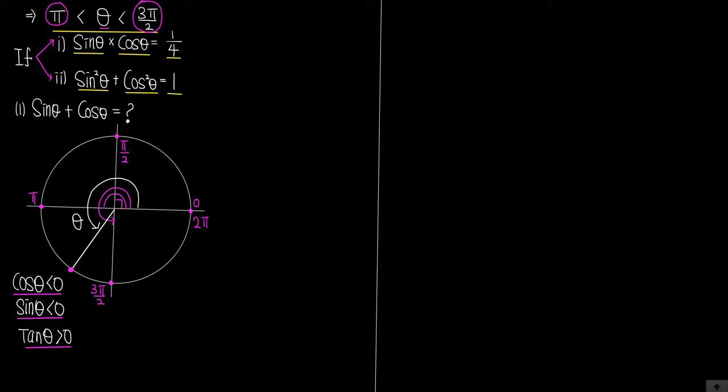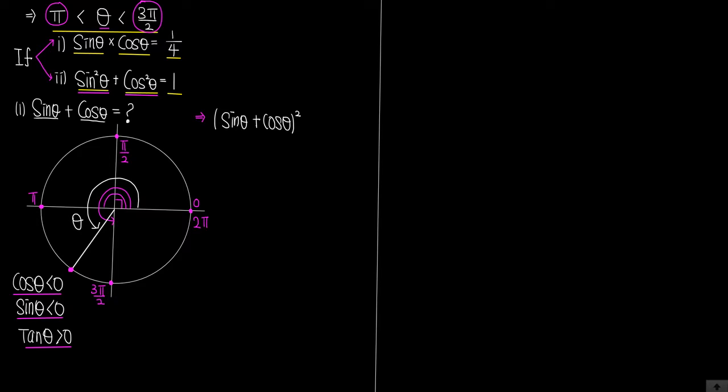So these are the three trigonometric values we can define for that point. If you go back to our equation, sine theta plus cosine theta, we can't directly find this value because there's not much of a clue. However, since the square terms of sine and cosine are given, we can create the square term.